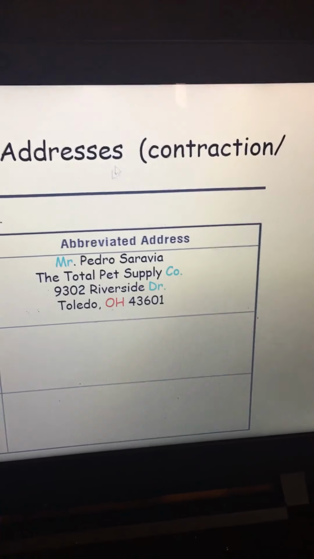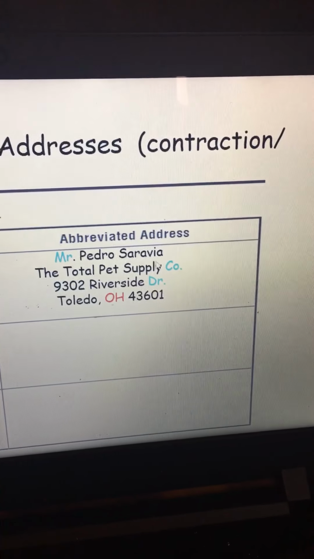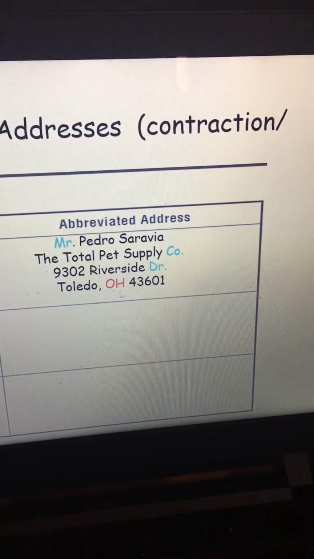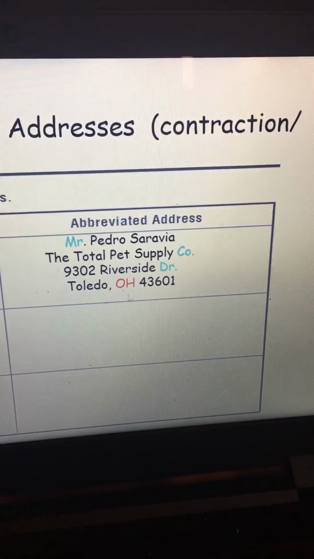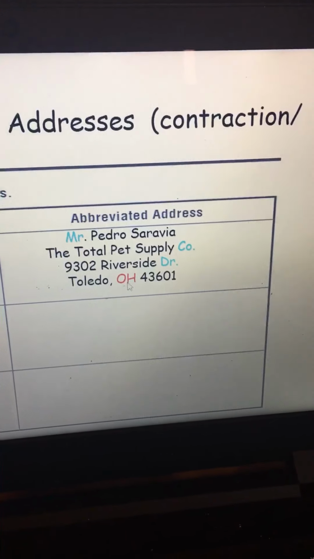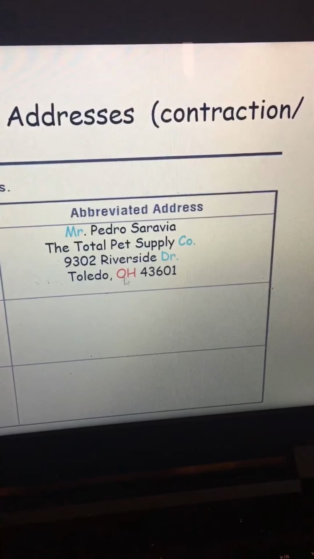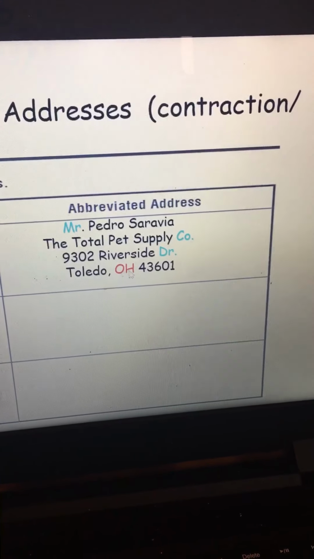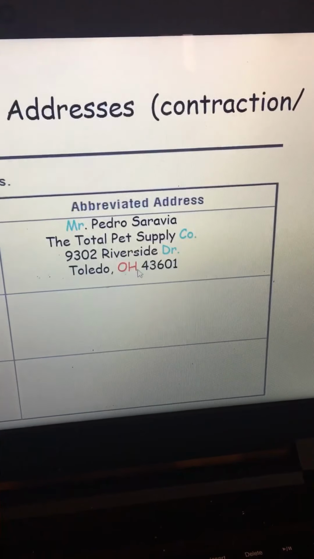These three abbreviations, and here we have an abbreviation for a state. Notice how I wrote the initials in capital letters. Both letters are capital.